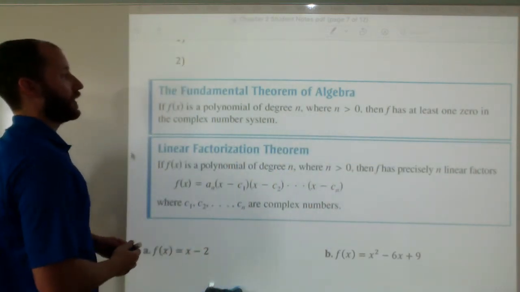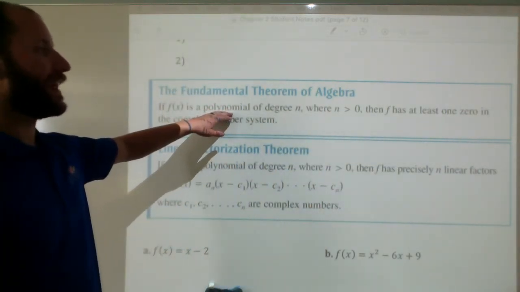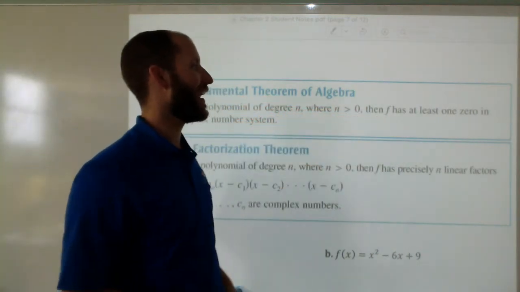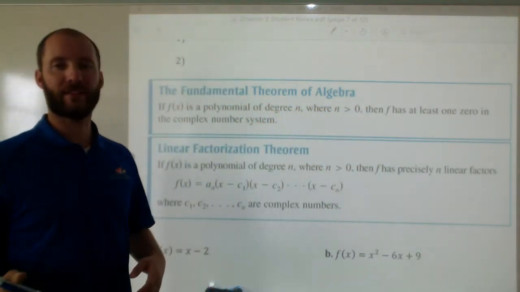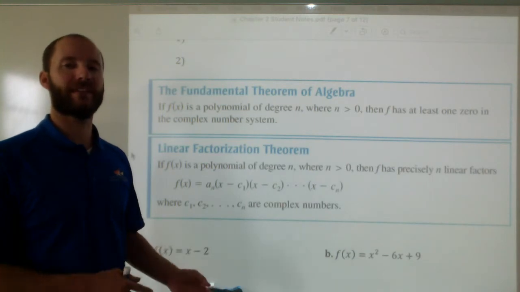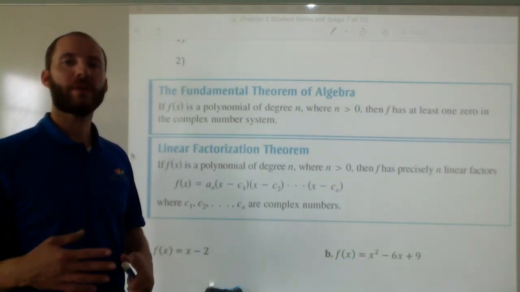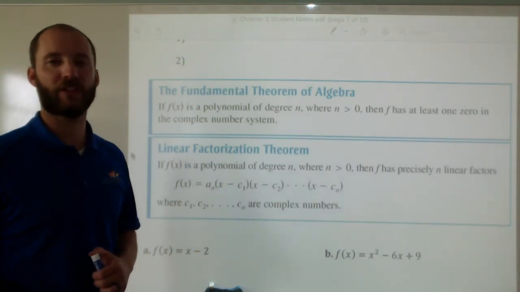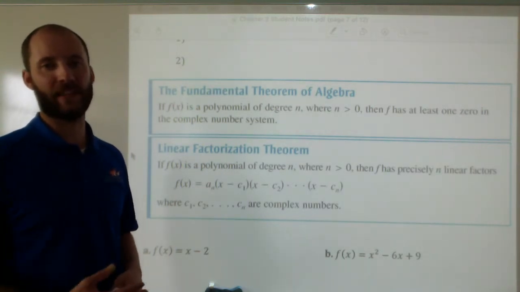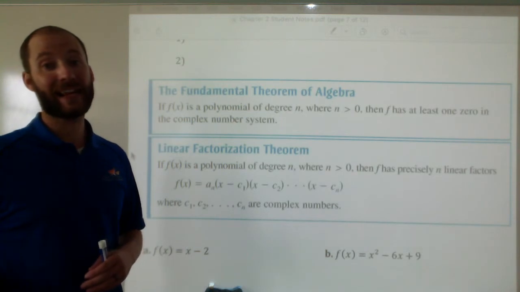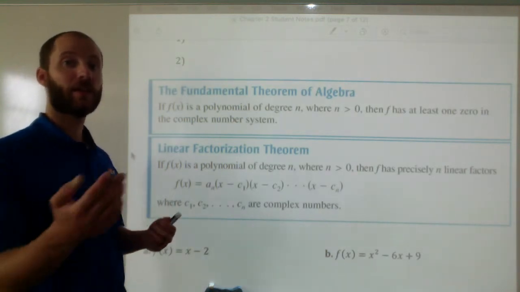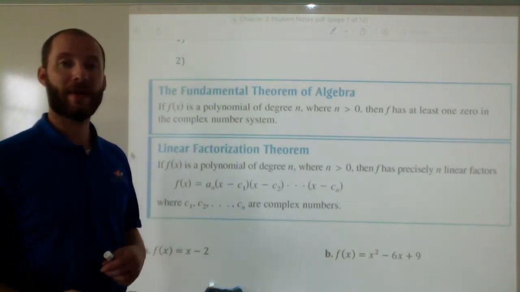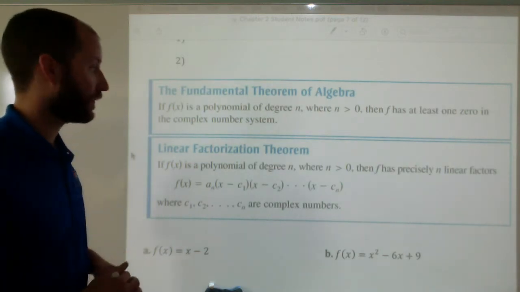Fundamental theorem of algebra: if you have a polynomial of degree n, then f has at least one zero in the complex number system. What that means is that every polynomial function has a zero, either on the x-axis, real, or not on the x-axis, imaginary or complex.